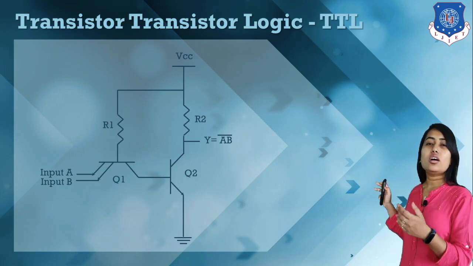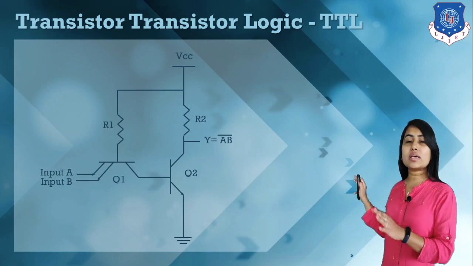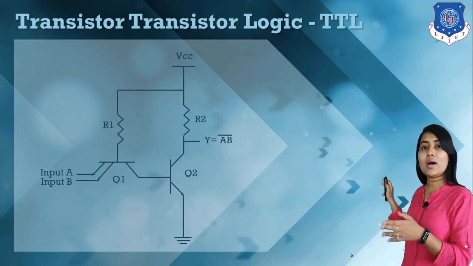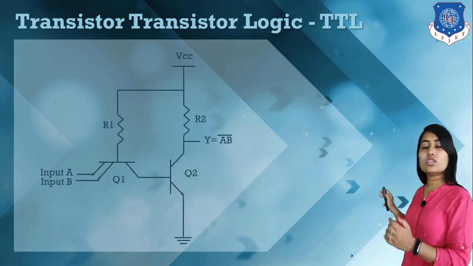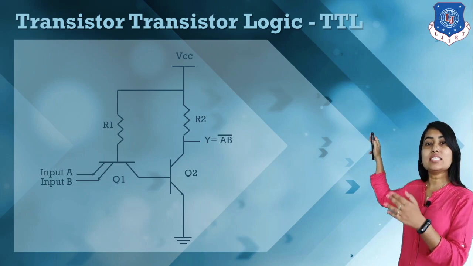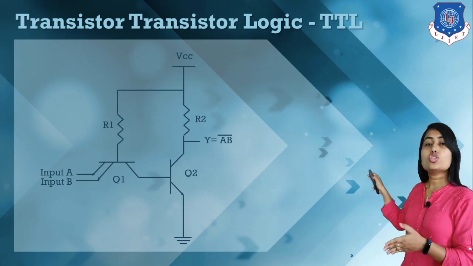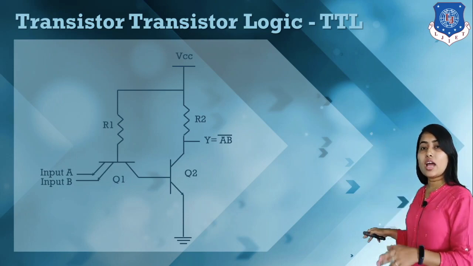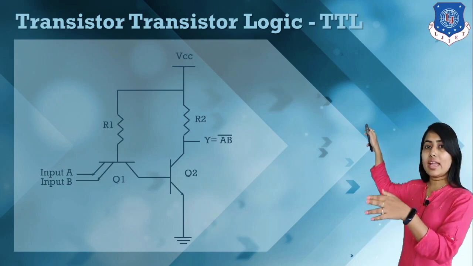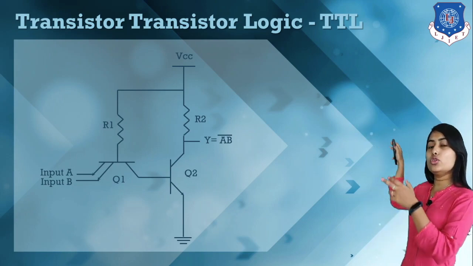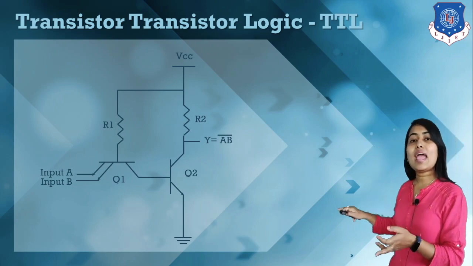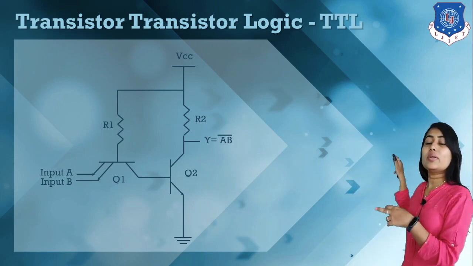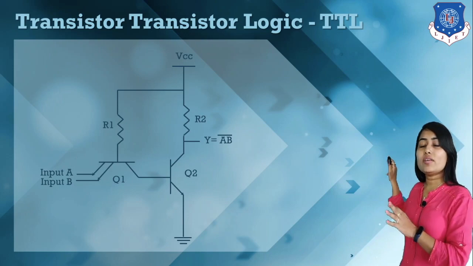Q1 is switched on, so there is a complete path, but for Q2 there is no path. With Q2 cut off, there is no path for the power supply VCC to flow to the ground, so all the voltage applied at VCC appears at the output Y. So when any input is 0, the full voltage VCC is present at the output and nothing is grounded.